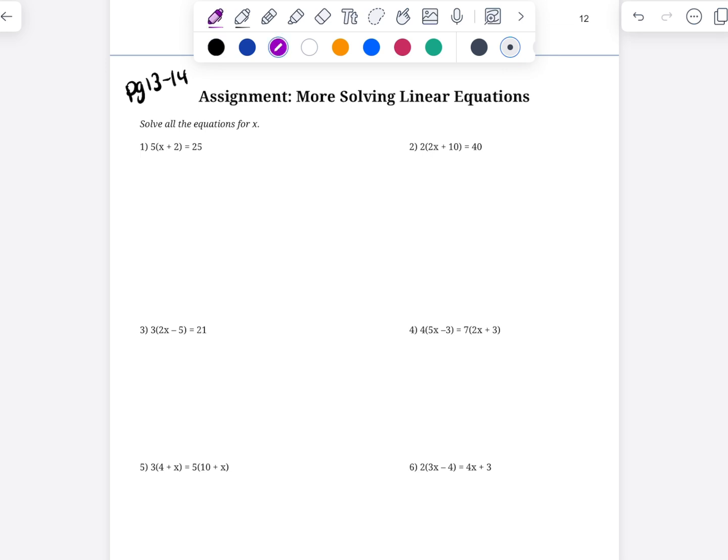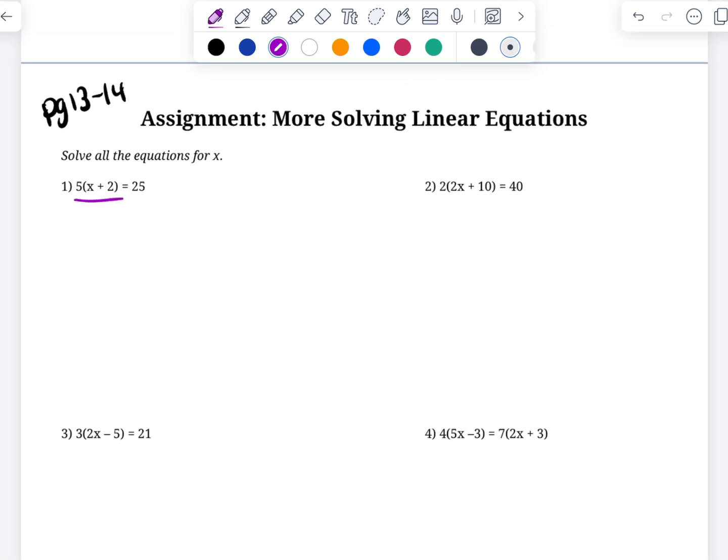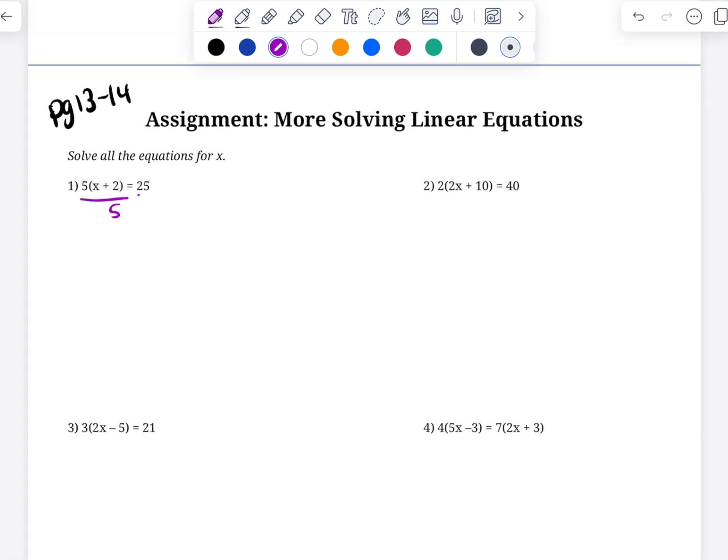Now, some people may have done what is called distribution and multiplied everything by 5 on the left-hand side. I would like to let you know that if you want, you can choose to divide by 5 on both sides, okay? Because it's 5 times something, so you can divide that 5 out. So then you'll have x plus 2 equal to 25 divided by 5 is 5.